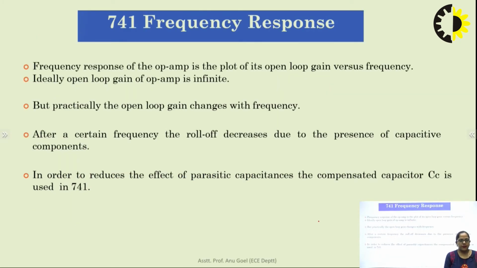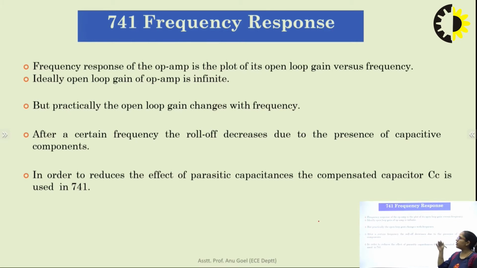Next is the frequency response of op-amp IC 741. What is the meaning of frequency response, and how we can calculate the frequency response? Frequency response is a curve between the variation in the frequency and the open loop gain of that particular circuit.